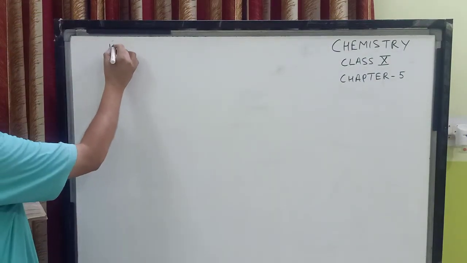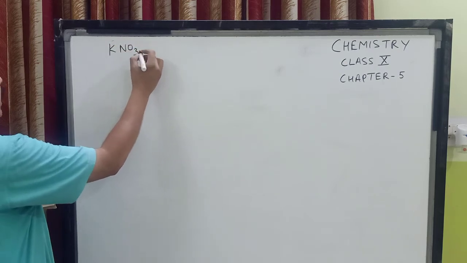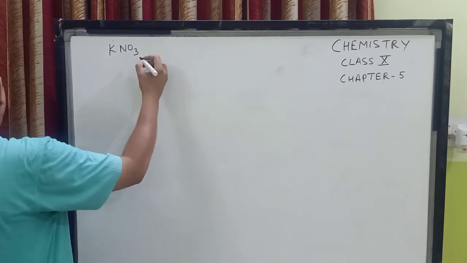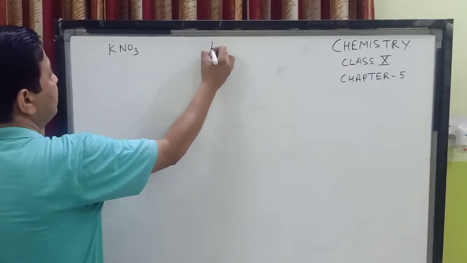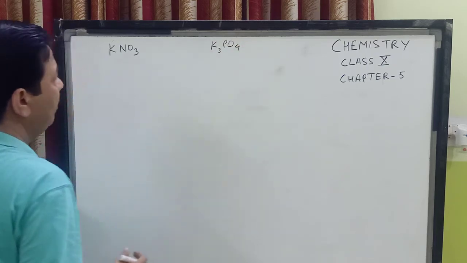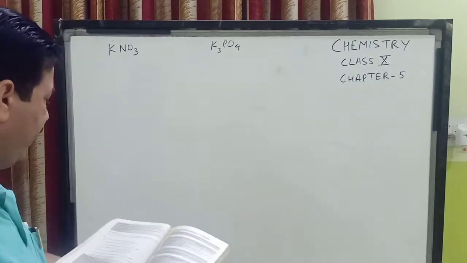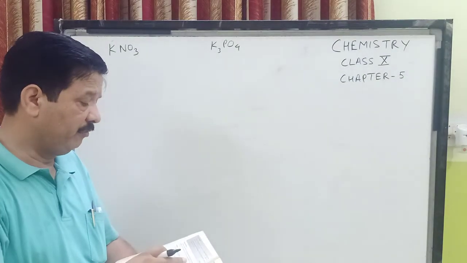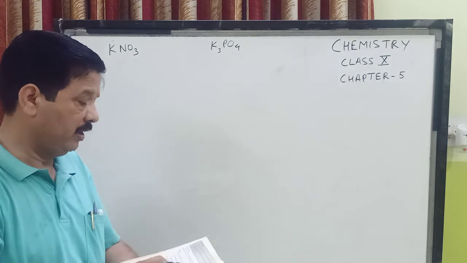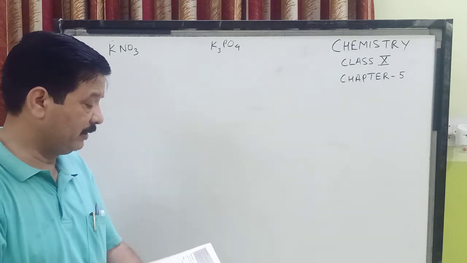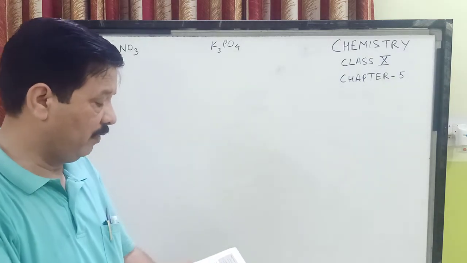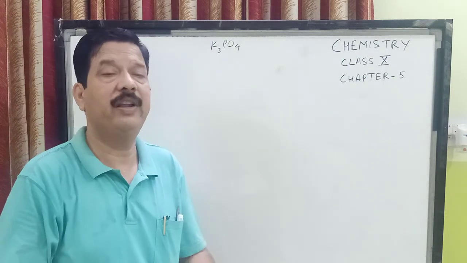There are two compounds, potassium nitrate, and another compound, potassium phosphate, K3PO4. Potassium nitrate and potassium phosphate are two potash fertilizers. If both fertilizers cost the same, which of the two is a better potash fertilizer?